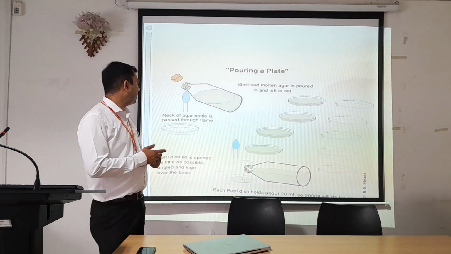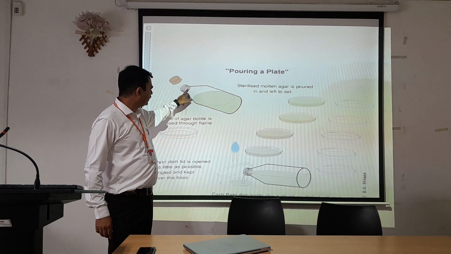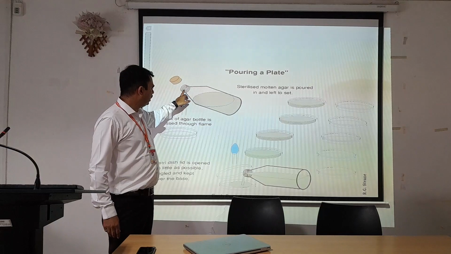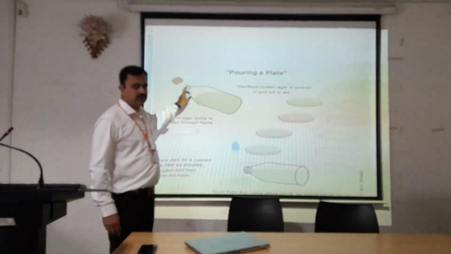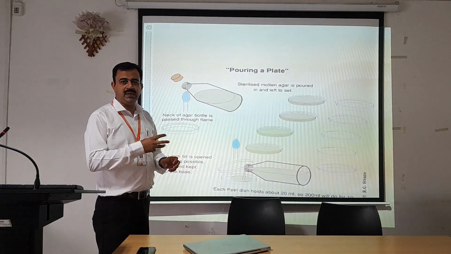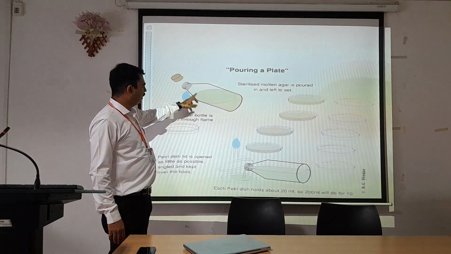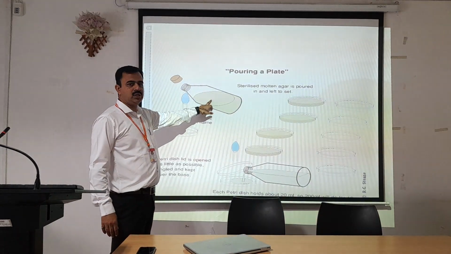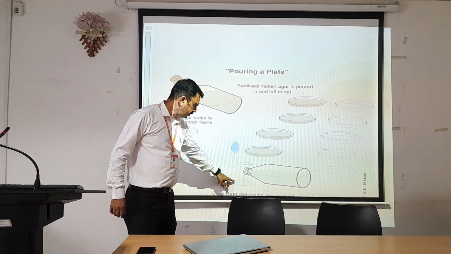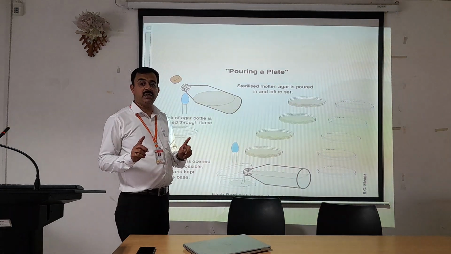Because of direct flaming, the microorganisms which may have contaminated this area are removed by the direct burning, so that the excess bacteria present there die, and you get the pure form here. There will be no contamination inside. Slowly it has to be poured. See the way it has to be poured, and every time it has to be under sterile conditions only.